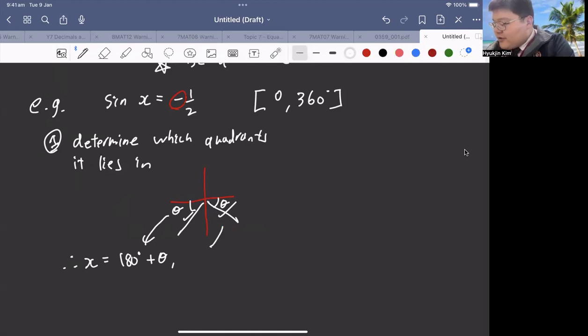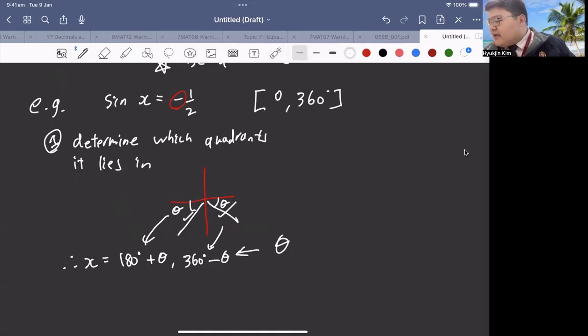And for this quadrant, it would be 360 minus theta. Because it lies in quadrants 3 and 4, it has to be 180 plus theta, and it has to be 360 minus theta. Okay? Now I need to find what the stupid theta is.